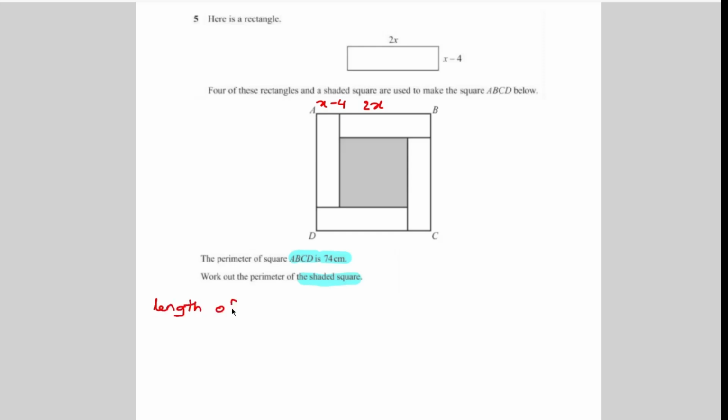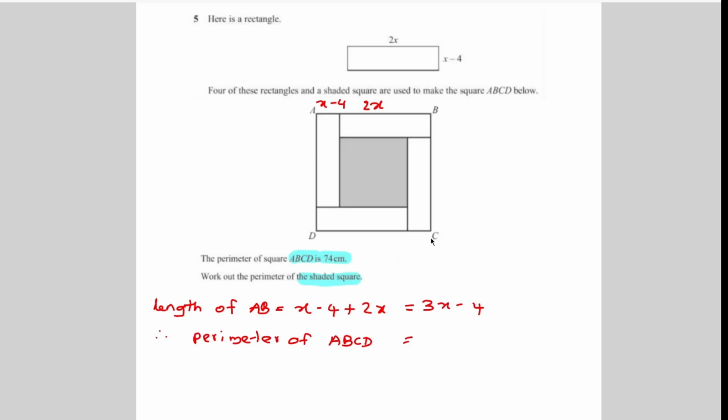Right, now let's get the length of AB. Length of AB equals x minus 4 plus 2x, which gives 3x minus 4. Therefore, perimeter of ABCD equals, so we have 4 sides, right?